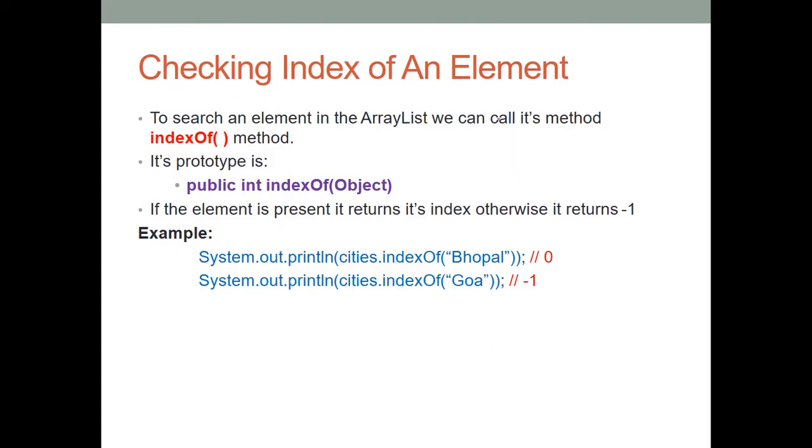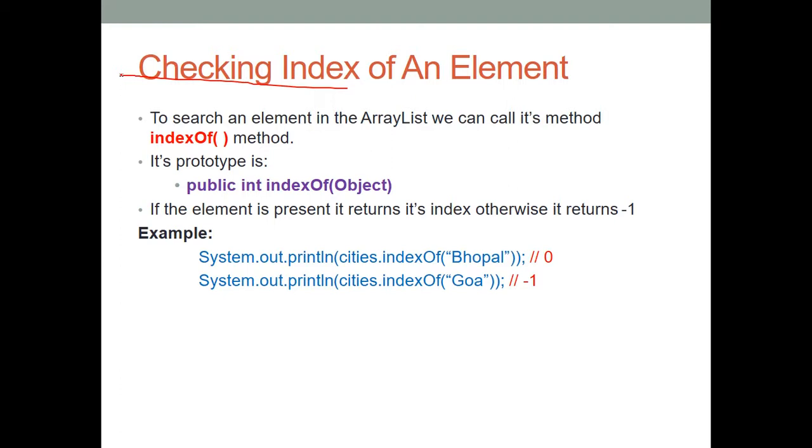Now, checking the index of an element. What is the need of checking the index of an element? It is also easy. To search for an element in the ArrayList, we can call its method indexOf, and through the indexOf method we can search for some data. How can you do this?